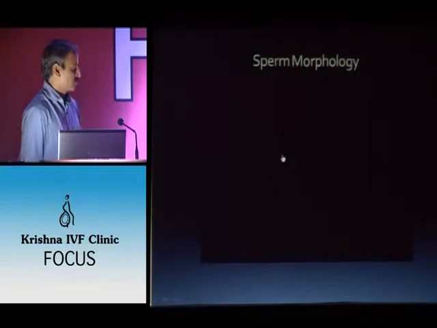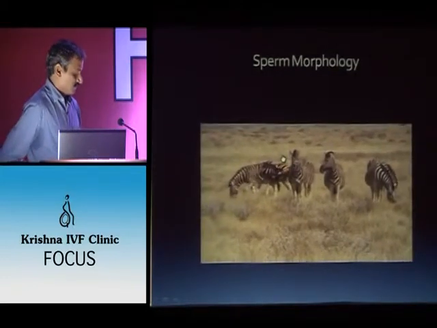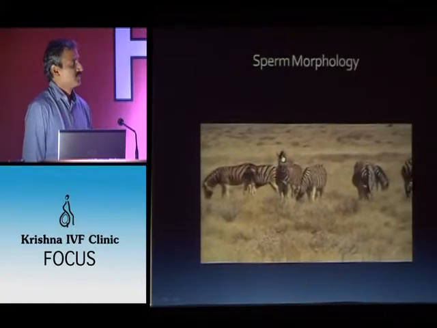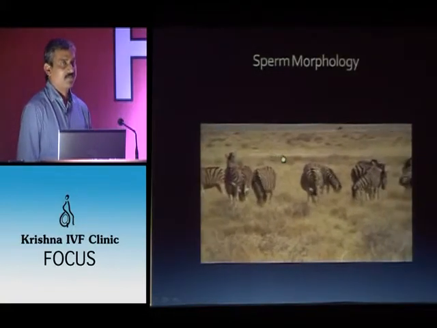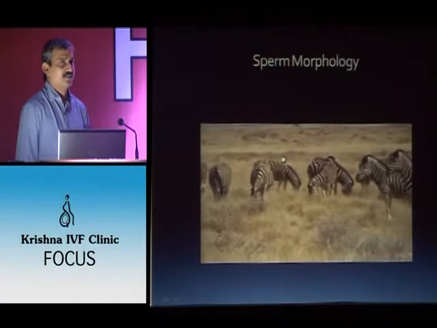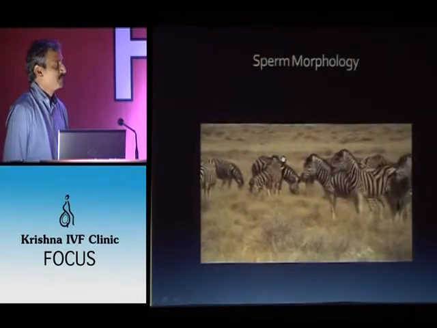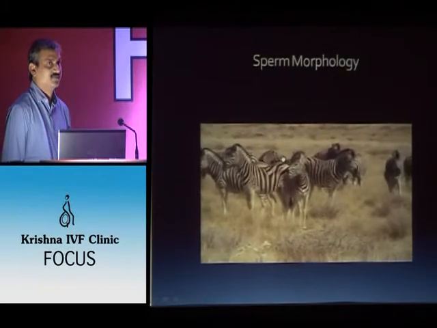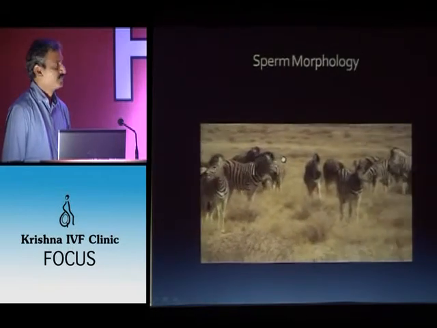What I am trying to show now is zebras in the African plains. All zebras look similar. It is very difficult to identify the differences between them. However, baby zebras identify the mother without making any mistake.